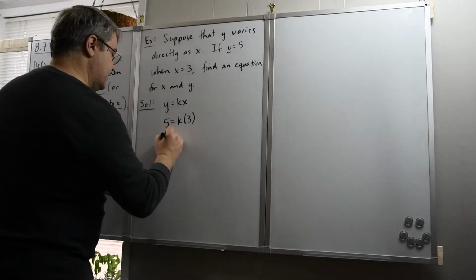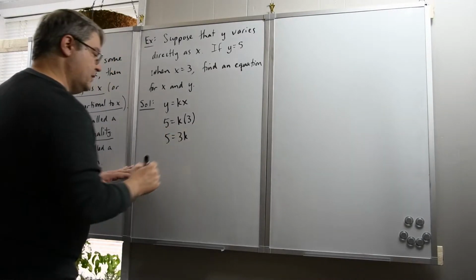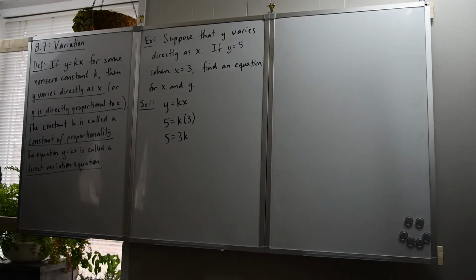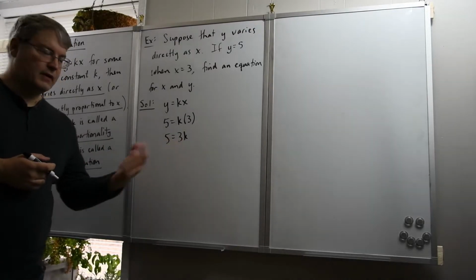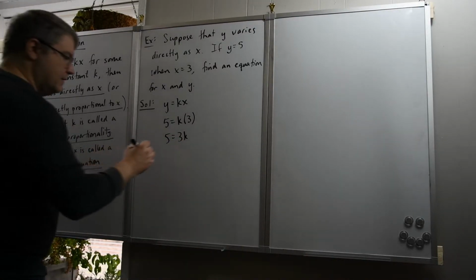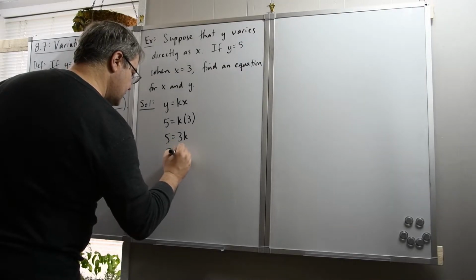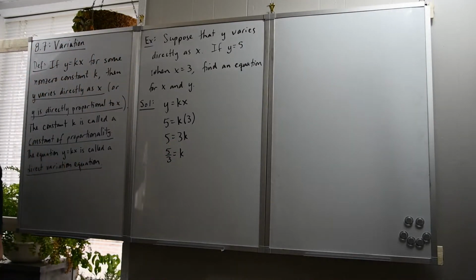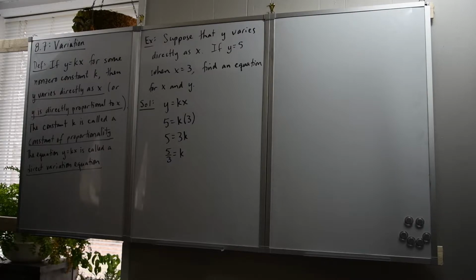Now, you might want to look at that as 5 is equal to 3k, and that's fine. But the goal right now is to actually solve for k, in which case we need to divide both sides of this equation by 3. And that'll give us k is equal to 5/3. So we now know what our proportionality constant is.